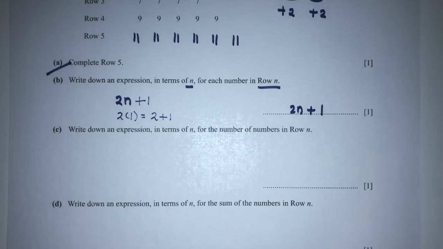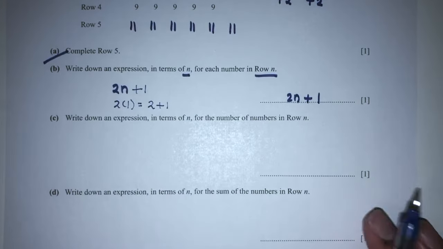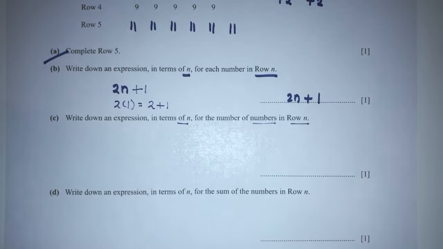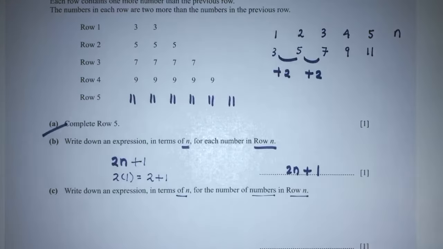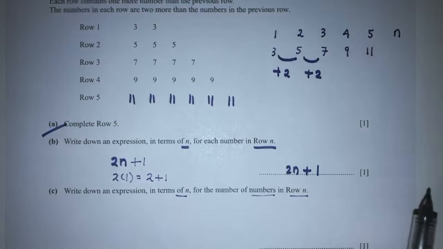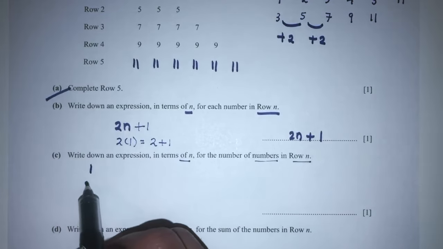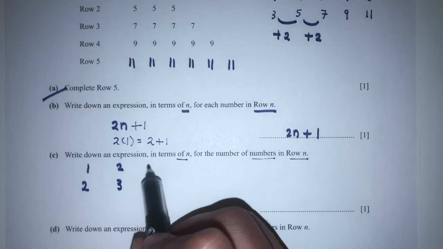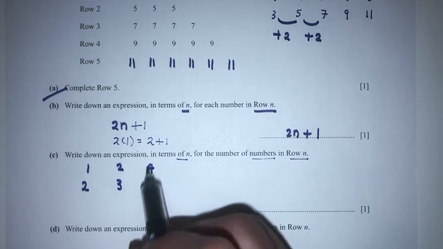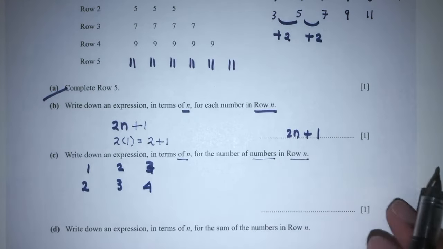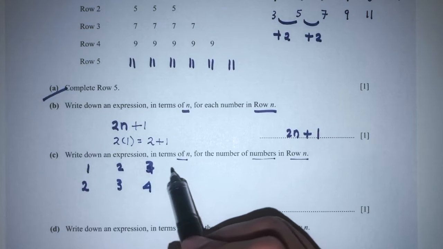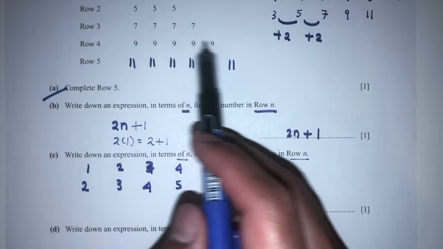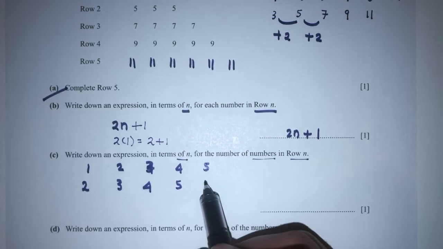Now for part C, write down an expression in terms of n for the number of numbers in each row. Pretty easy. For row number 1, we have 2 numbers. Row number 2 has 3 numbers, row number 3 has 4 numbers, row number 4 has 5 numbers, and row 5 has 6 numbers.